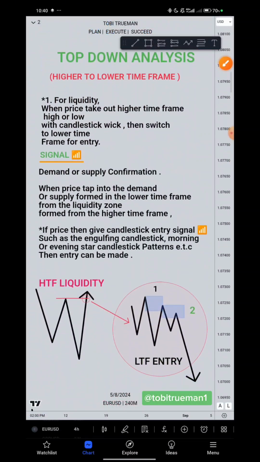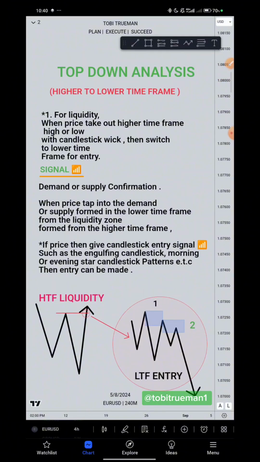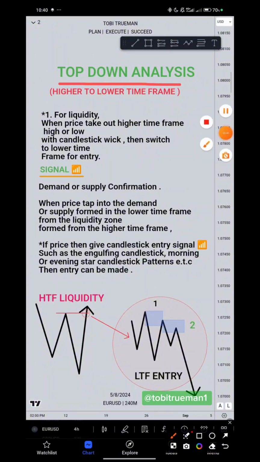All right, so for us to know how to apply this entry model, let's look at top-down analysis first before we come back to the liquidity entry, because they work hand in hand to give the best results. Top-down analysis means going from a higher to a lower time frame.